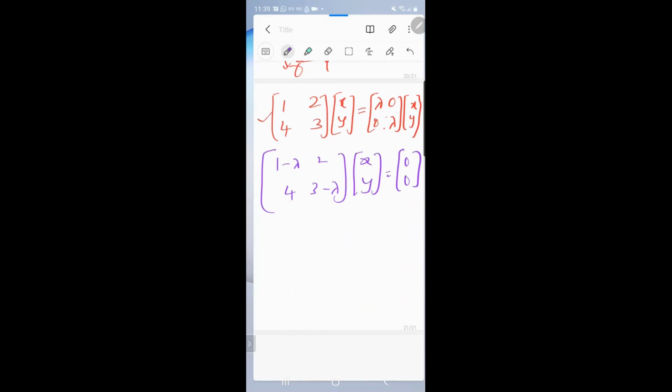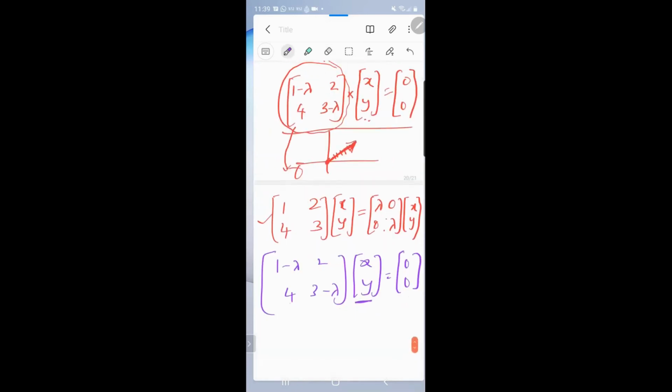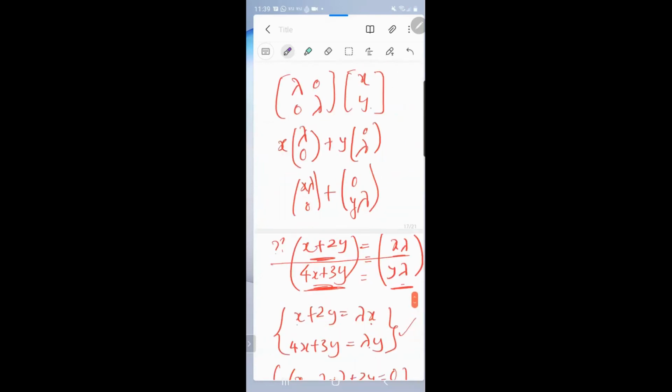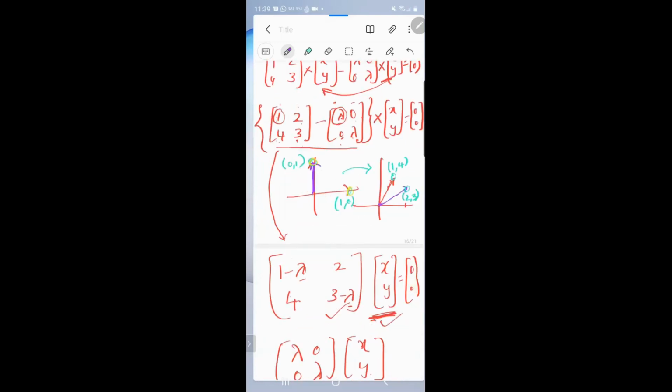Okay, so far you're good with this. Now, if I take a vector xy, so this is where I was explaining from, what does a linear transformation really represent? You take these vectors and change their positions, right? This is my final position of this transformation. I took 0, 1, 1, 0 and I ended up at 1, 4 and 2, 3, right?